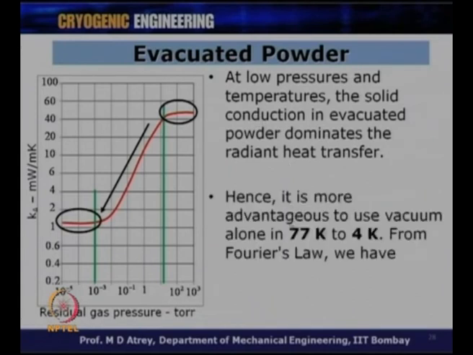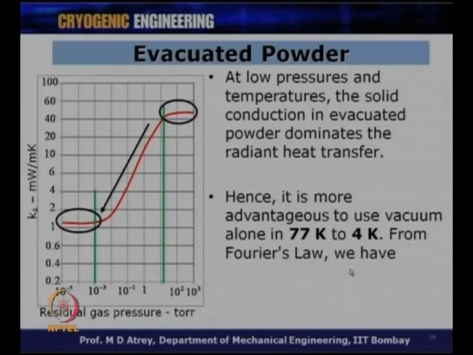Hence, it is more advantageous to use vacuum alone in 77 to 4 Kelvin. So, if I have two surfaces at 77 and 4, I may have to go for vacuum alone as compared to evacuated powder in this temperature range.